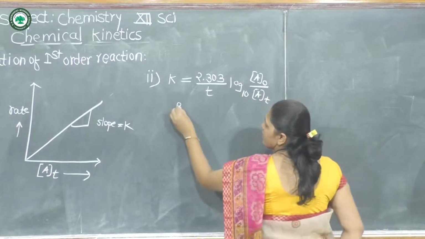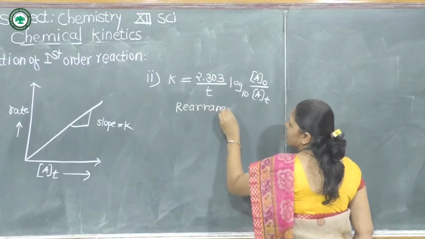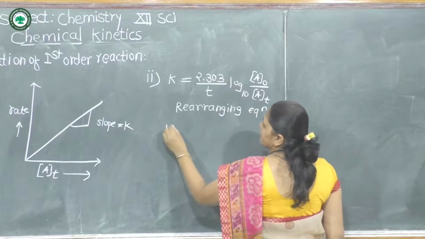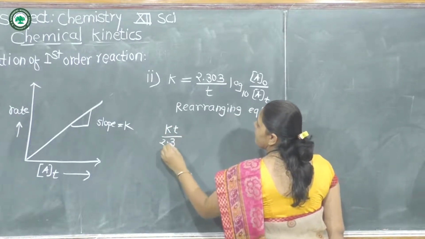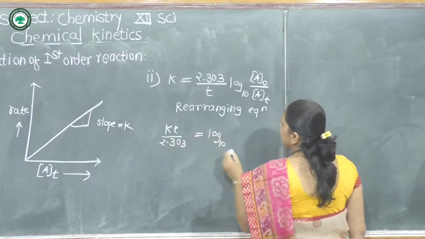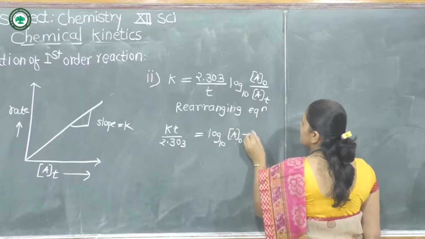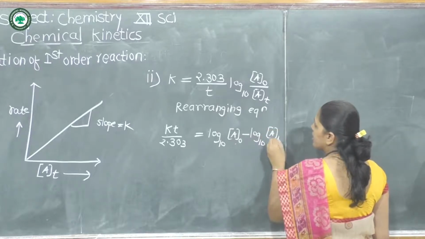Rearranging this equation, we get kt upon 2.303 is equal to log to the base 10 A0 minus log to the base 10 At.